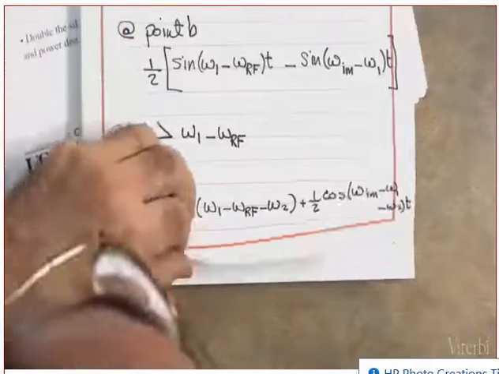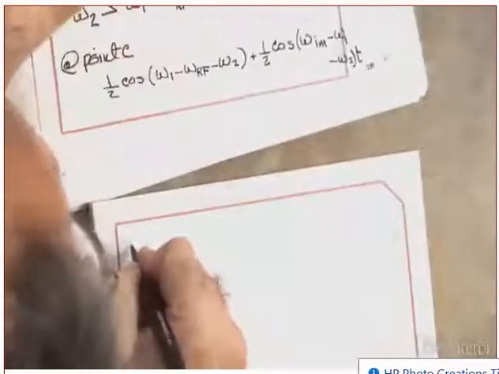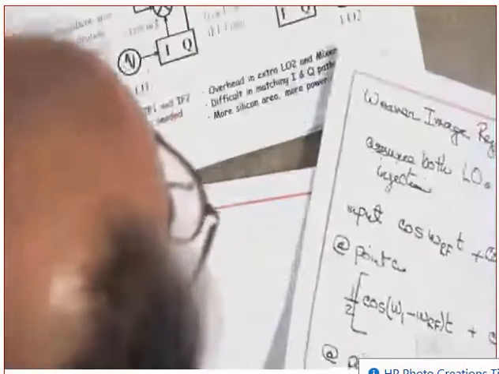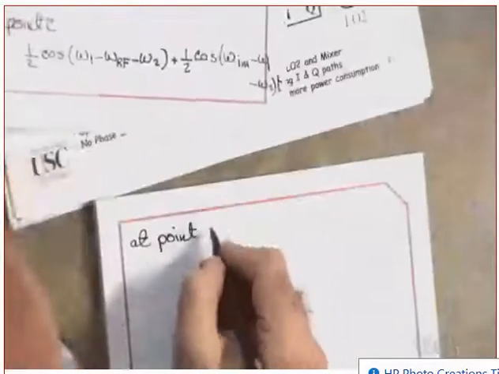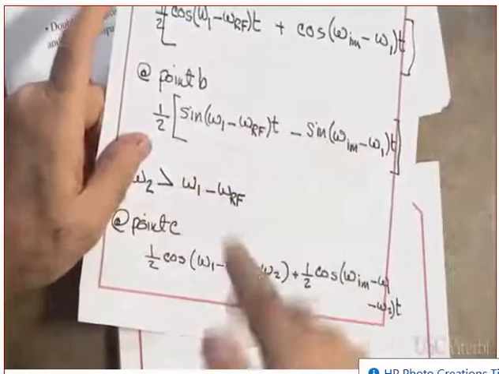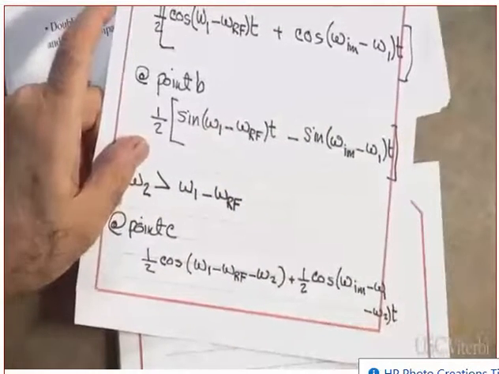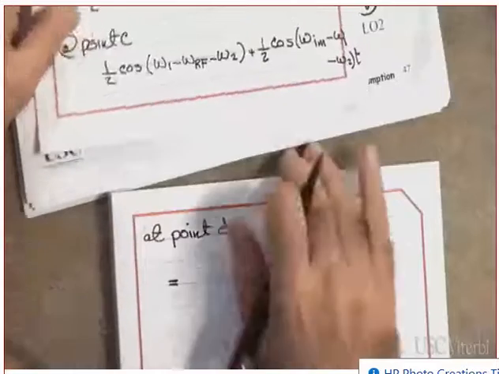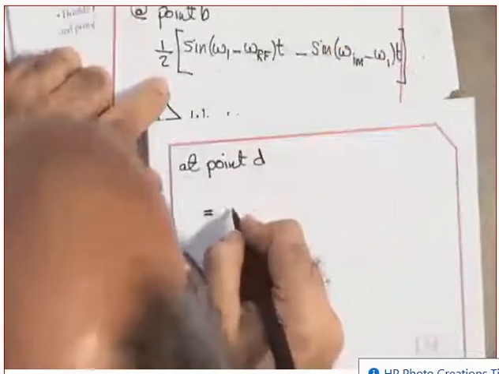Clear? Okay. And on the other side, at point D, what am I multiplying this with? A sine. Sine, sine is cosine, cosine. So what do I have? 1/2.